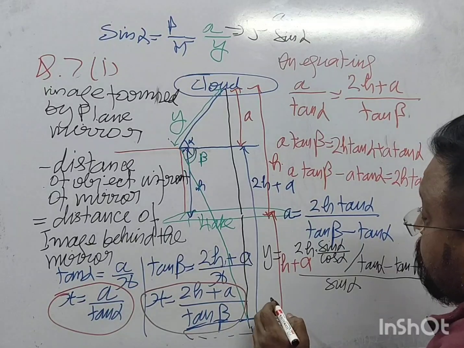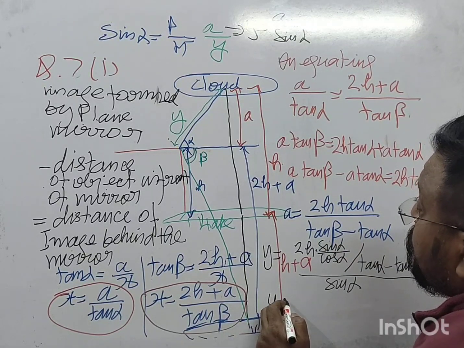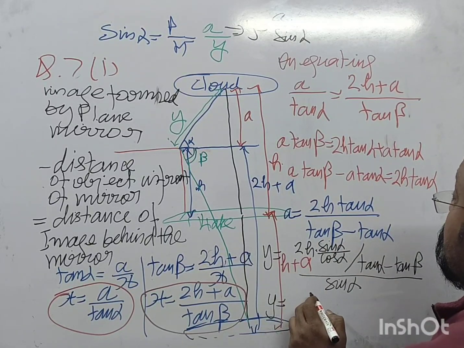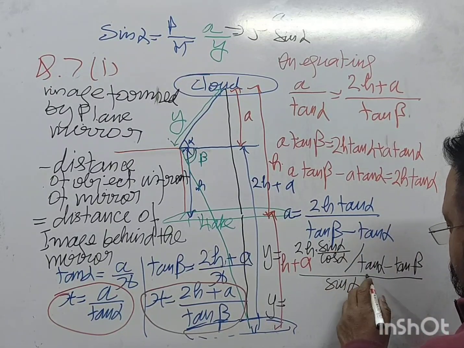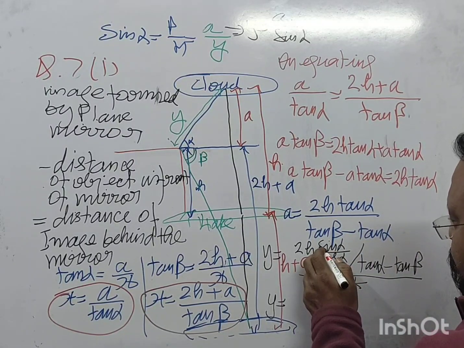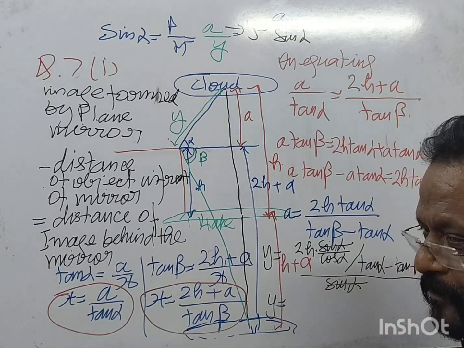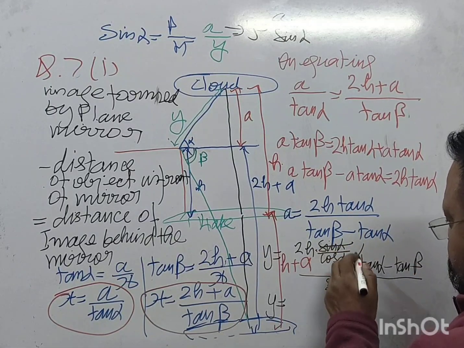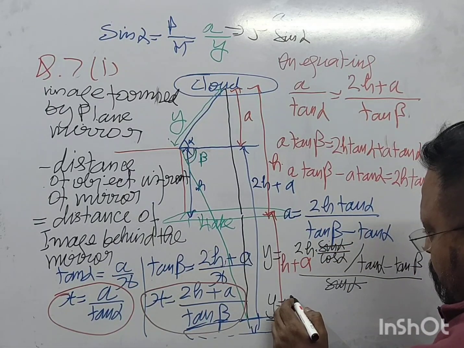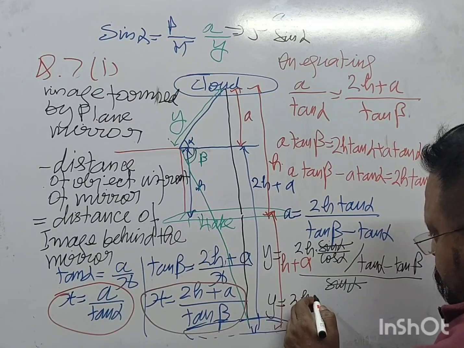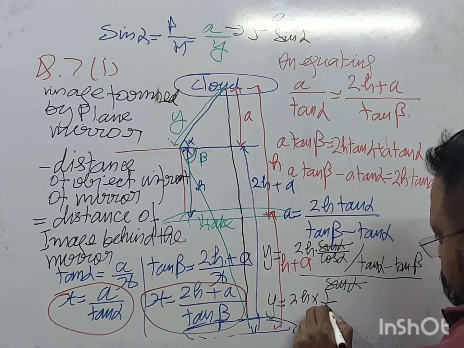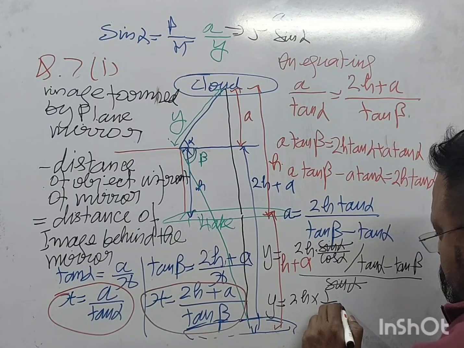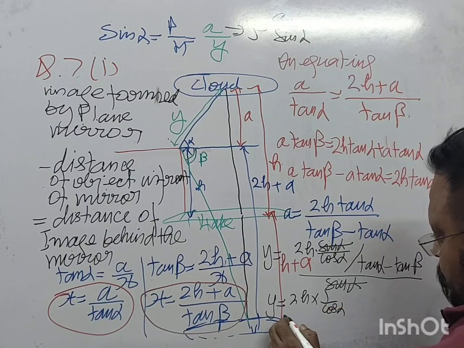Now what you do? Y is equal to, this sine alpha and this sine alpha cancel out, so 2h into 1 upon cos alpha.